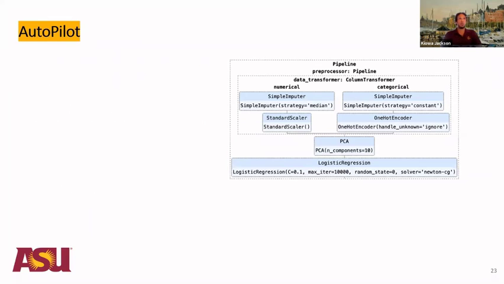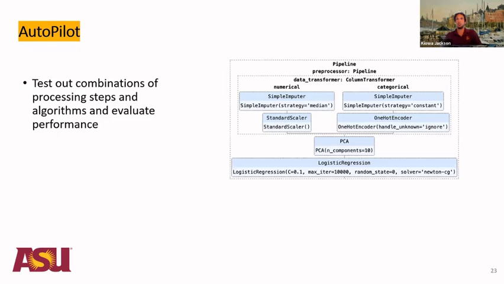SageMaker also has, when it comes to training and development, something called AutoPilot. And it allows you to test out combinations of processing steps and algorithms and evaluate performance. So what we're seeing here on the right is an example of a pipeline and all these different steps that go into pipelines.